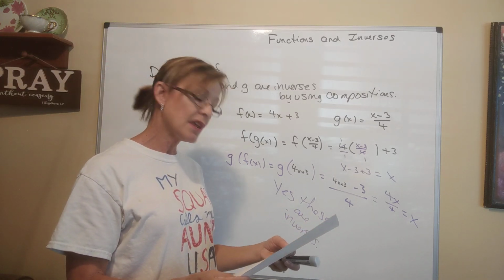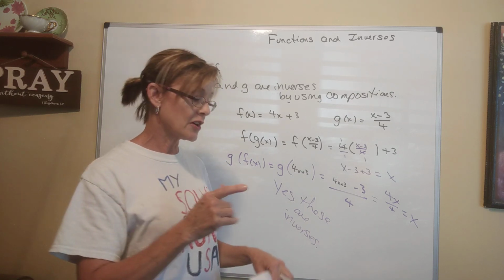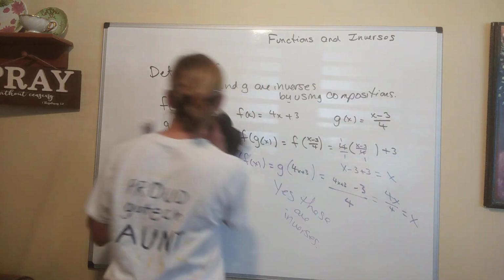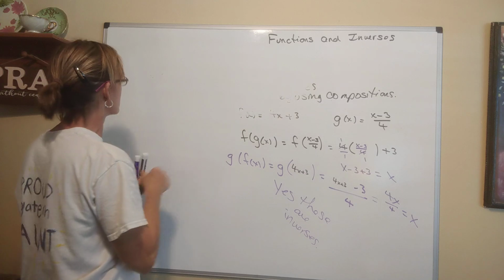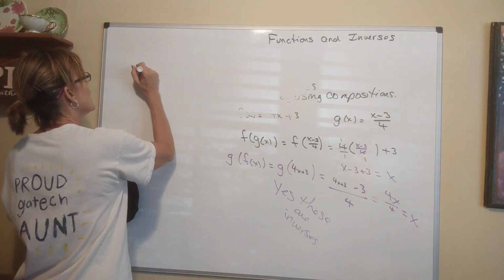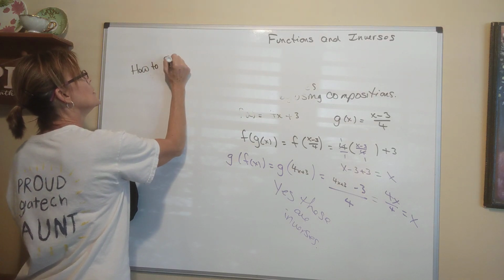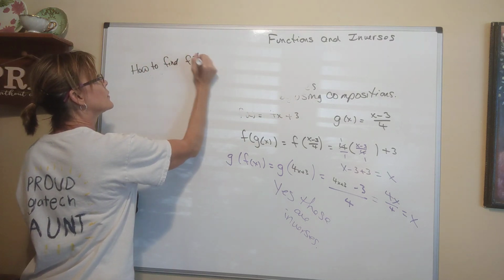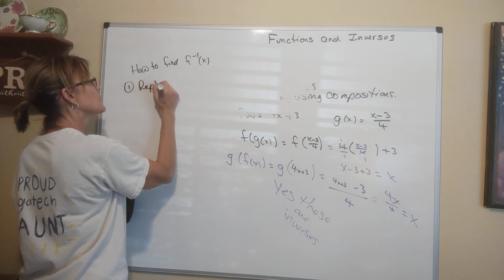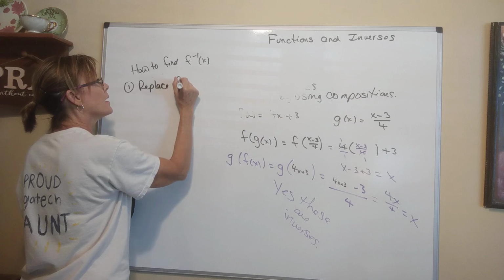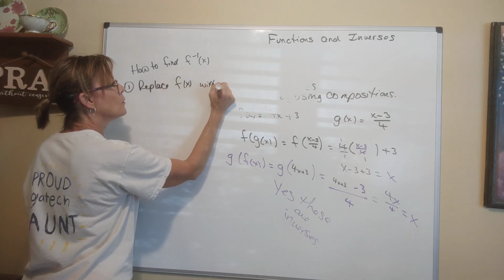Let's jump on down to 73 and 76, and this is the operation of how to find an inverse function. It's a real quick 4-step operation. How to find f inverse of x. Number 1, replace f of x with y.